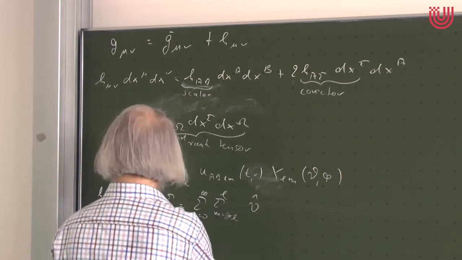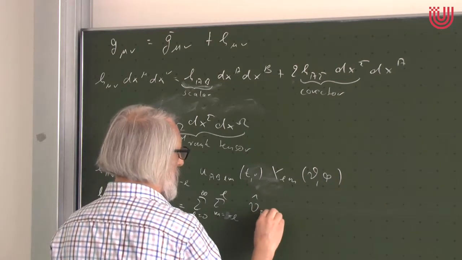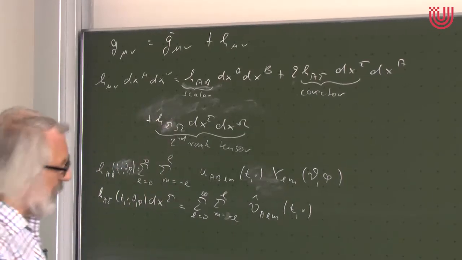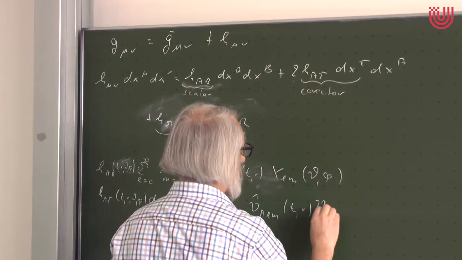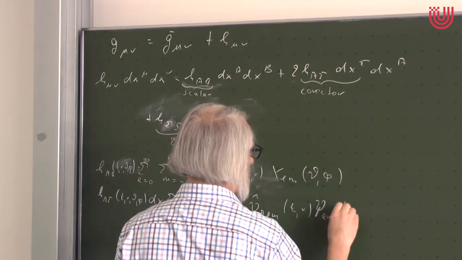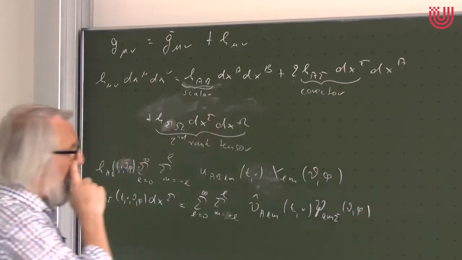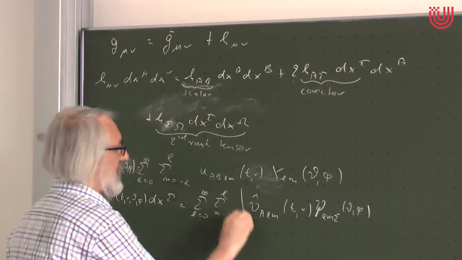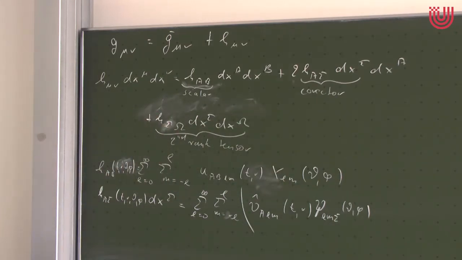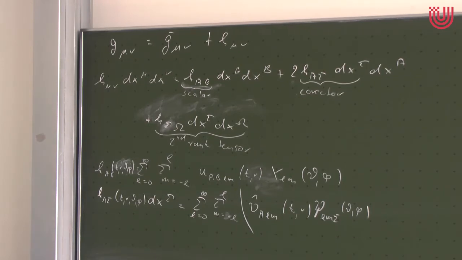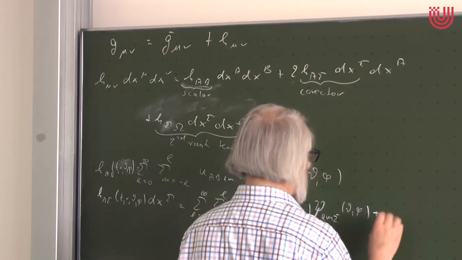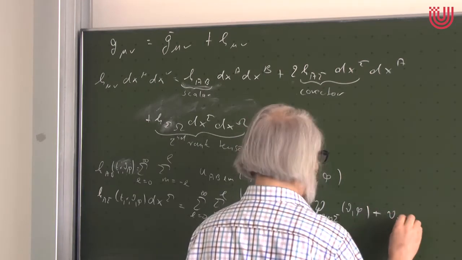So here we have v hat_A^lm, which depend on t and r. And I've given you the basis vectors last time. These are covector fields, and there are two linearly independent covector fields on the sphere, so I need two sets. One basis set I denoted psi, and the other one I denoted phi.